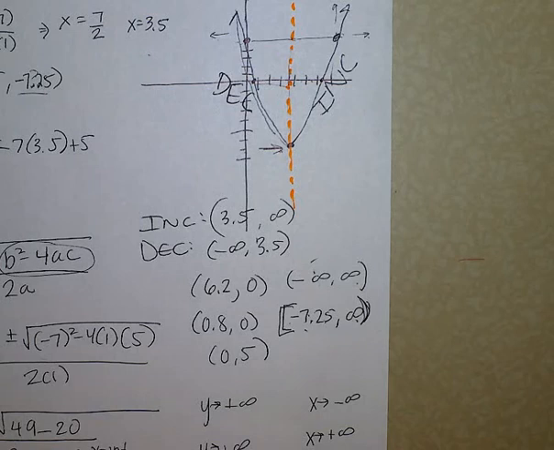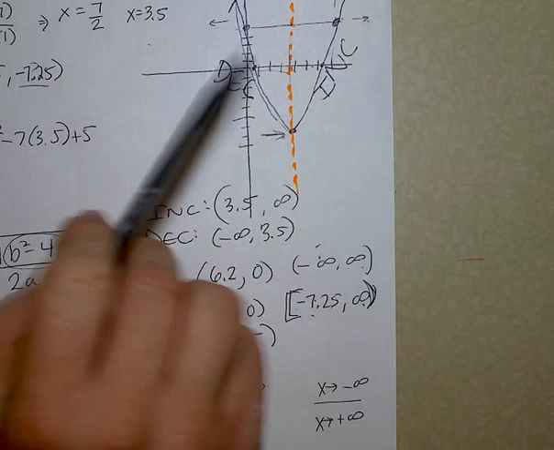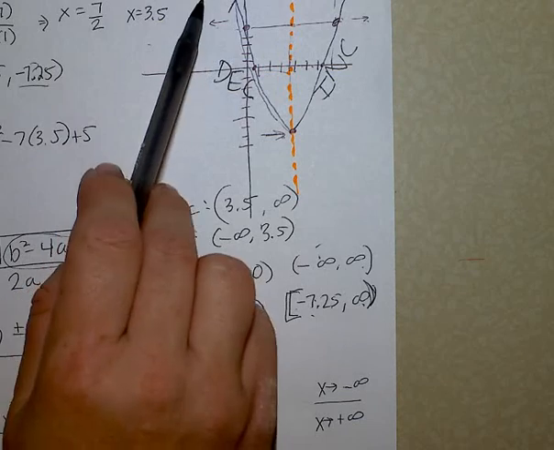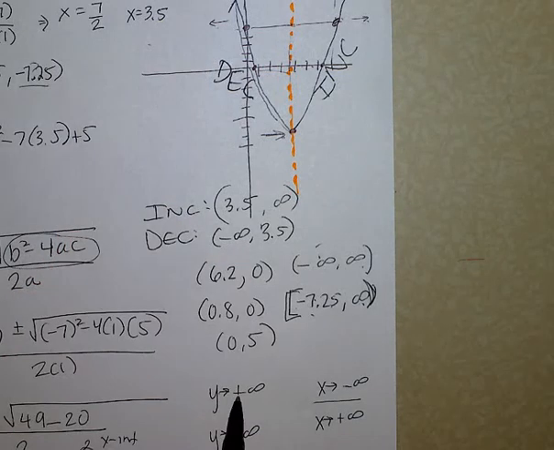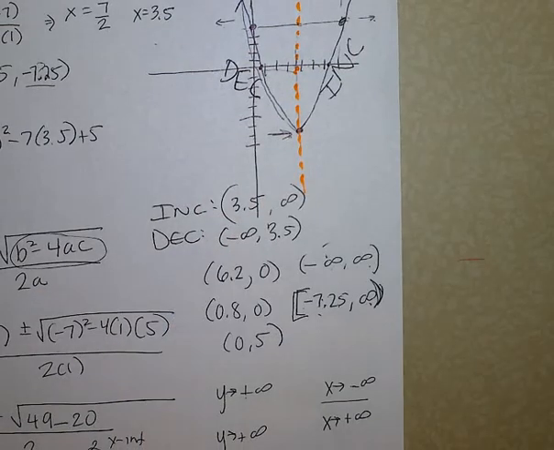Okay, so I start by putting as x goes to negative infinity and to positive infinity. Those are always there for every problem. What does this mean? As I go to the far left of my graph, which way is my graph headed? It's headed upward. And as I go to the far right, which way is it headed? It's headed upward as well. Here is my end behavior.